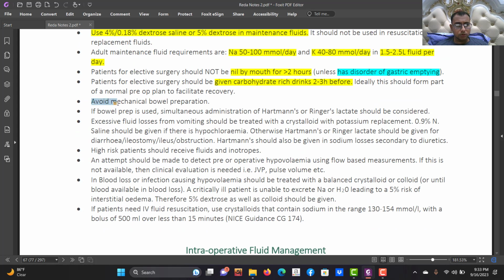We should avoid mechanical bowel preparation if it is not necessary, if there are no chances of resection, anastomosis or any bowel surgery. But if there is a chance of resection, anastomosis or gut-related obstruction, we need to perform bowel preparation.